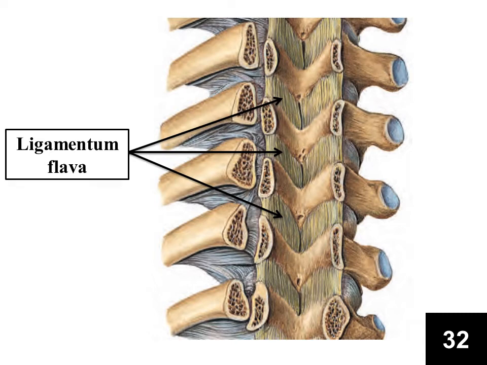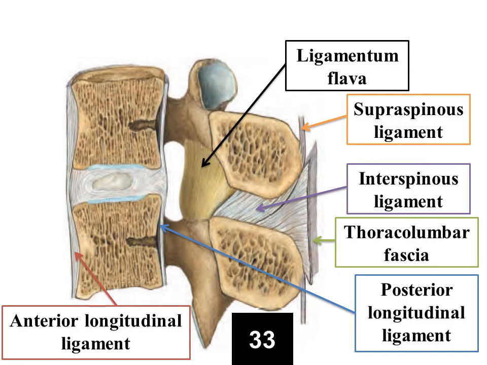Now here the ligamentum flavum, the yellow one indicated by the black color arrow, and it connects lamina to lamina, the ones above and below. Now here you can see on the yellow lamina the ligamentum flavum above indicated by the black color arrow.